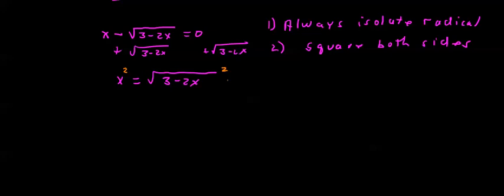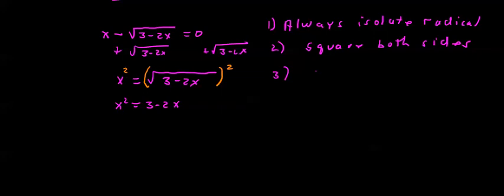Do not do this. You will lose points. You must use parentheses. Have to have parentheses, otherwise it means nothing. All right, now we have x squared equals 3 minus 2x.